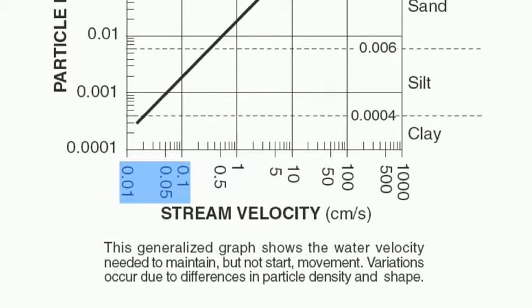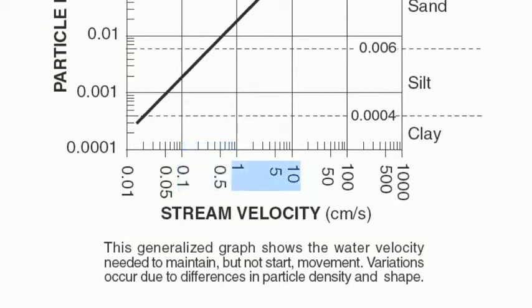We start out with a velocity of 0.01 centimeters per second and increase up to 0.1 centimeters per second. Each line increases like this: 0.02, 0.03, 0.04, 0.05, and so on. Next section over, 0.1 to 1 centimeter per second: 0.2, 0.3, 0.4, 0.5, and so on.